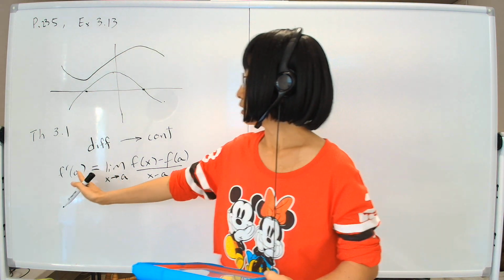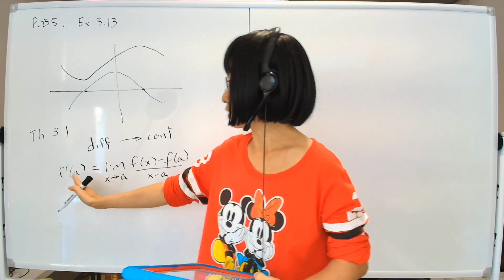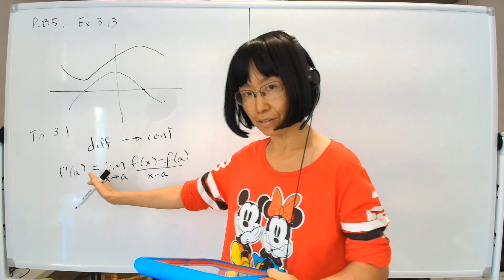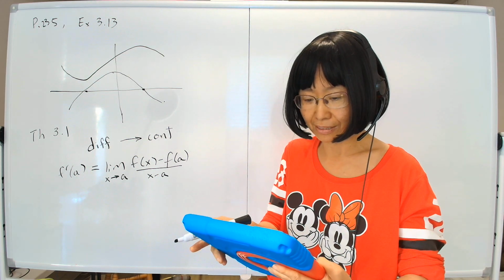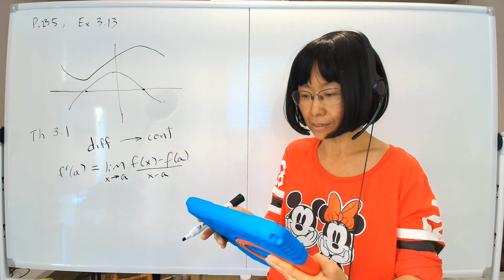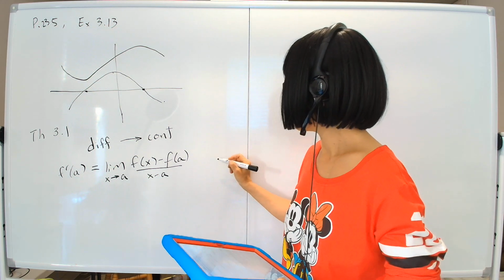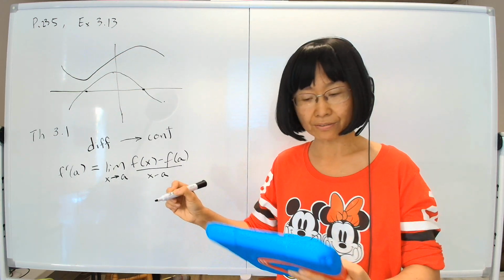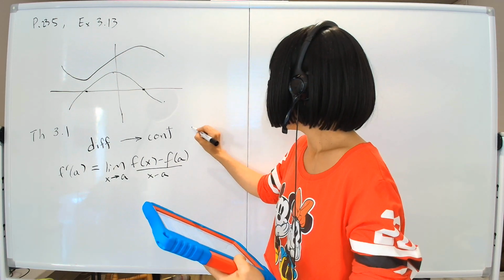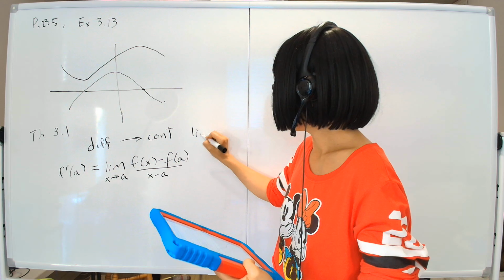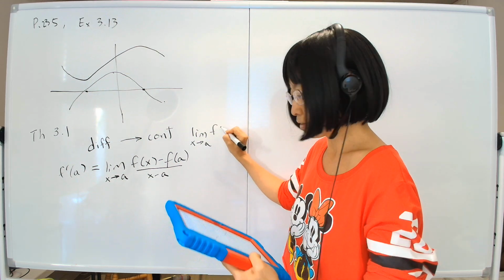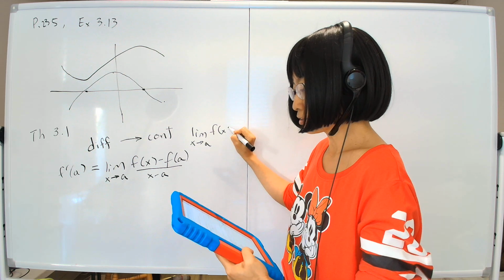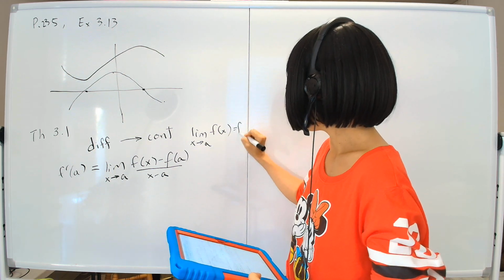So this is what we are given: the function is differentiable at A. How do we get to continuous? Well, first we have to know what continuous means. Here's the definition of continuity: the limit as x approaches A of f of x equals f of A.